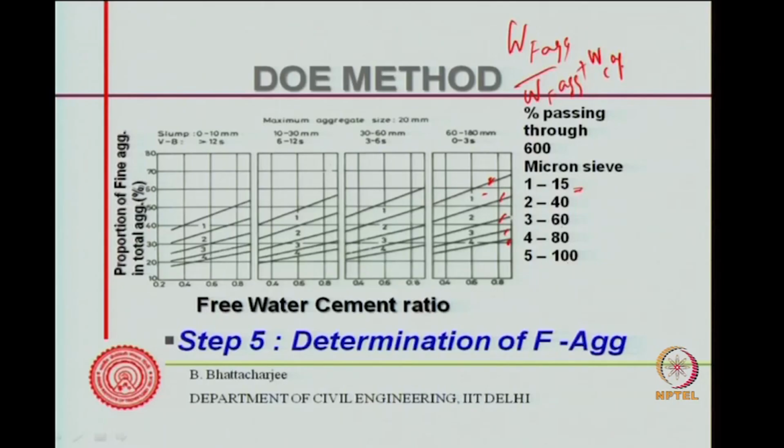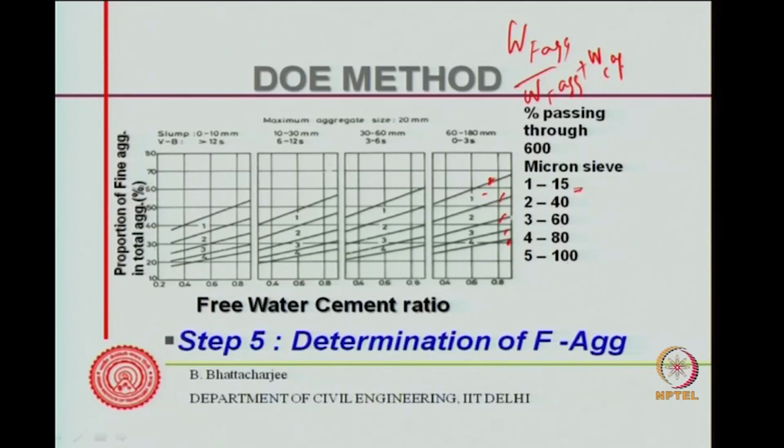Therefore, total aggregate content you have found out by subtracting the cement content and water content from wet density. Wet density you have found out from the curve, and then once you have found out the total aggregate content, proportions of the fine in the total is known.